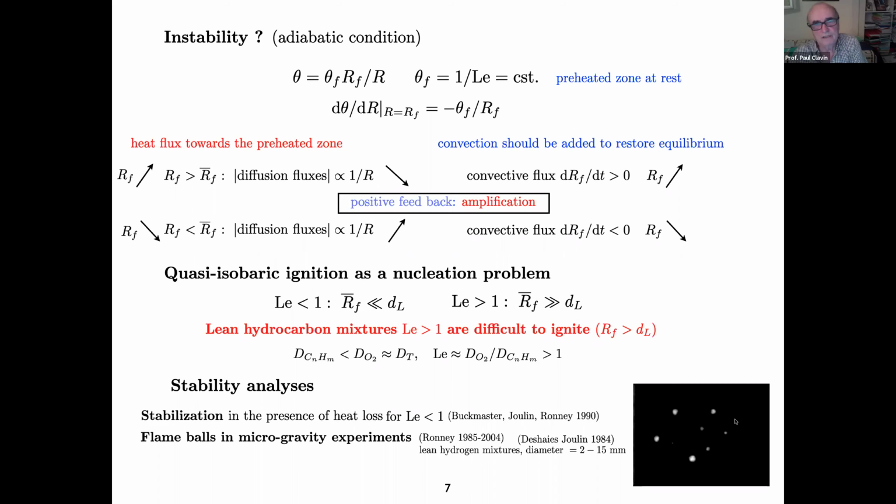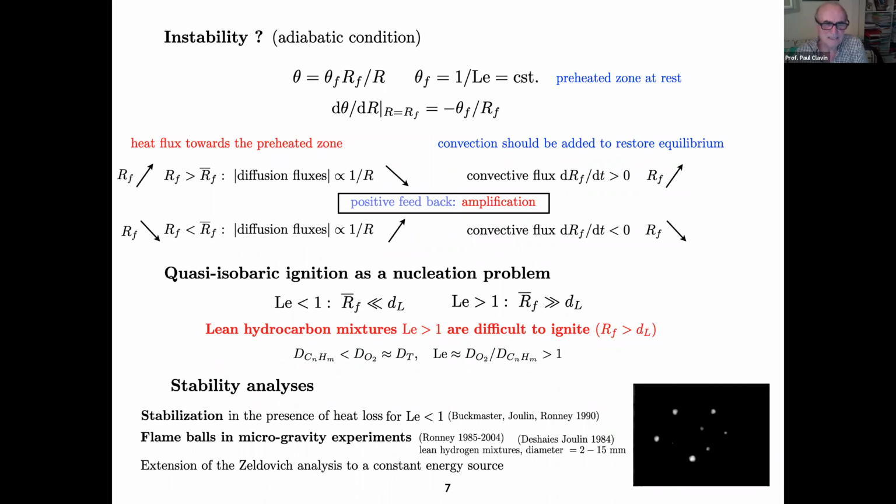So you see, those are very interesting experiments. It's not a usual laboratory experiment because you have to be in microgravity conditions in order to not perturb the spherical geometry.